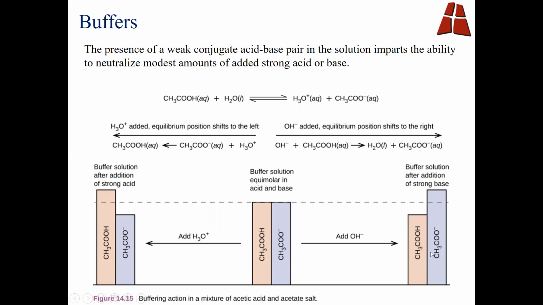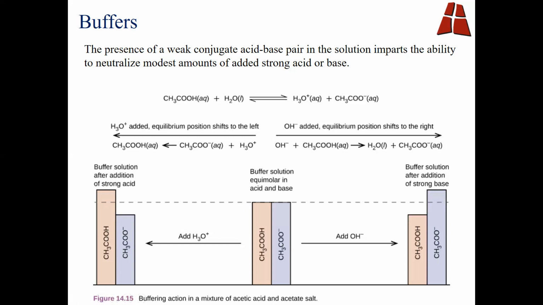So any acetic acid that reacts with the hydroxide will form our acetate. Then the inverse, of course, would be true if we were to add some sort of hydronium source. That H3O plus would react with the acetate portion of our buffer. That acetate portion would go down, and the concentration of acetic acid would go up. And of course, this will all remain in equilibrium.